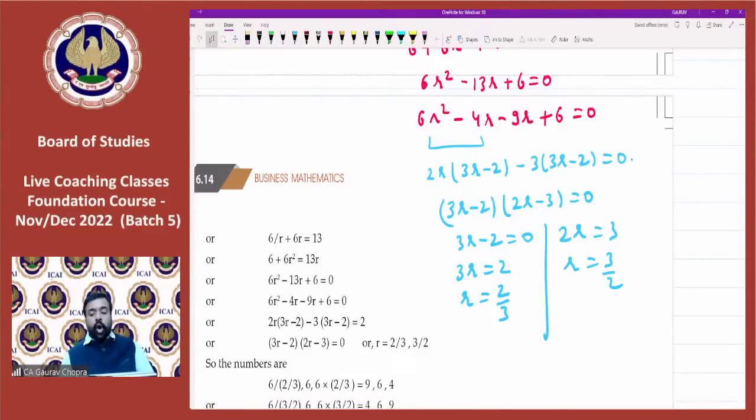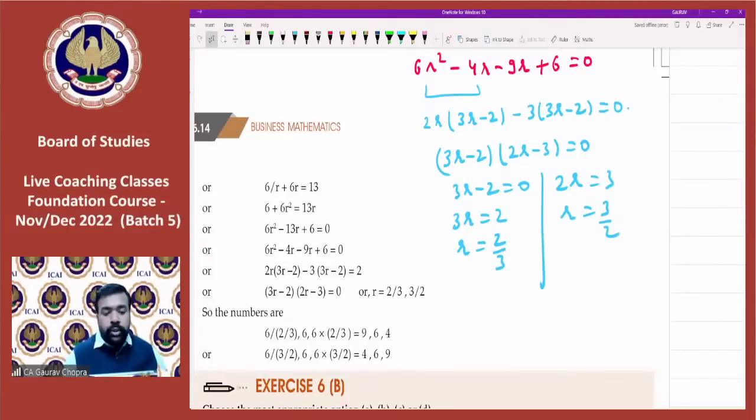So now this was the common ratio. So now we are having common ratio as well as the middle term, that is A. Now we can calculate all the three terms. The first term was A upon R. So what is A?